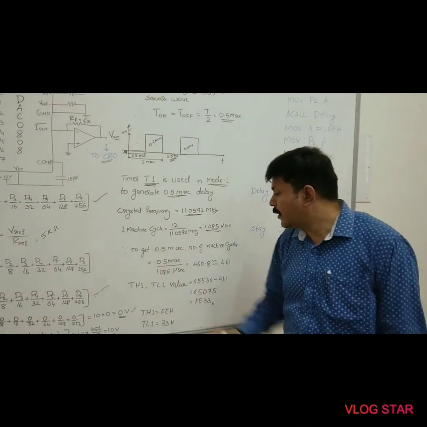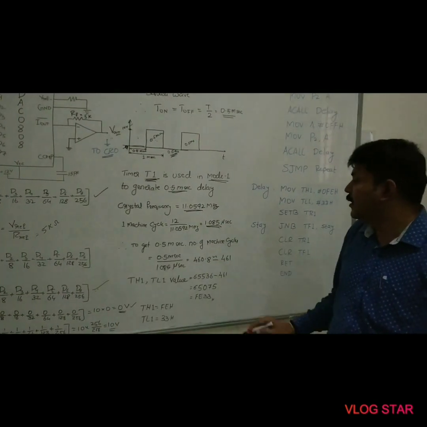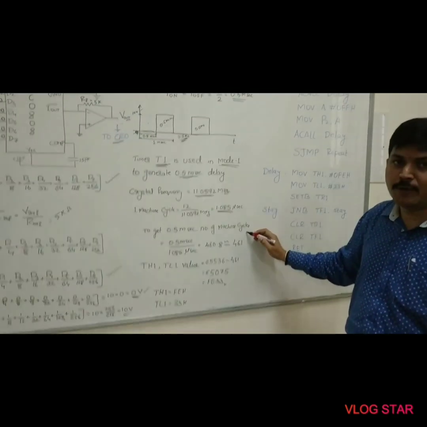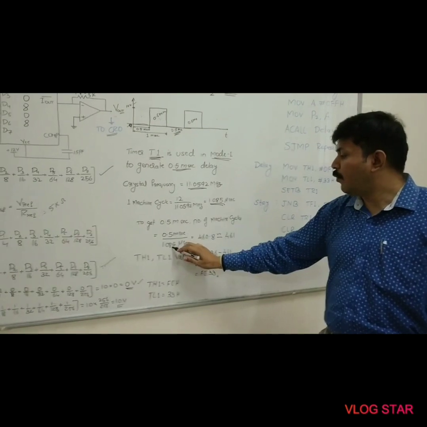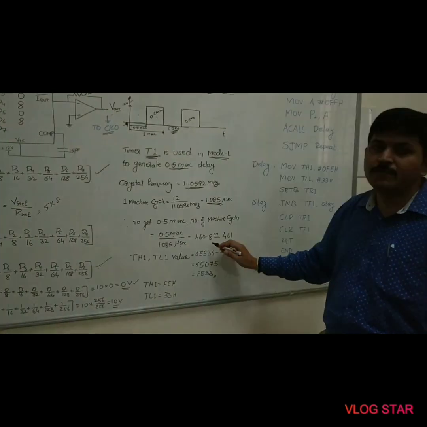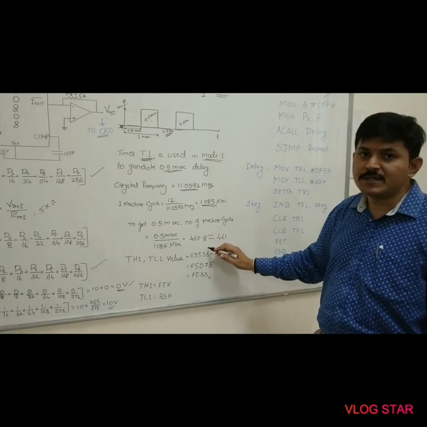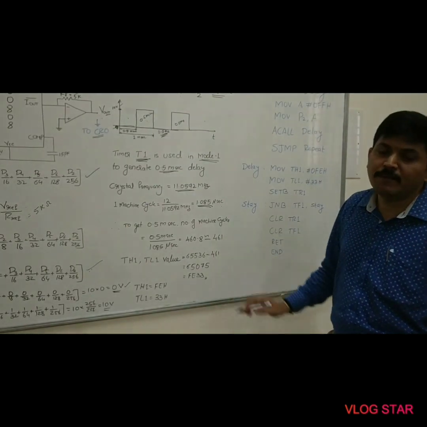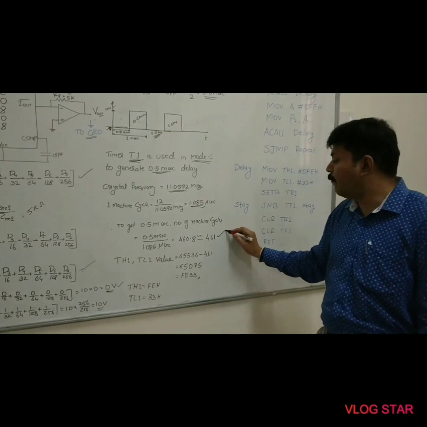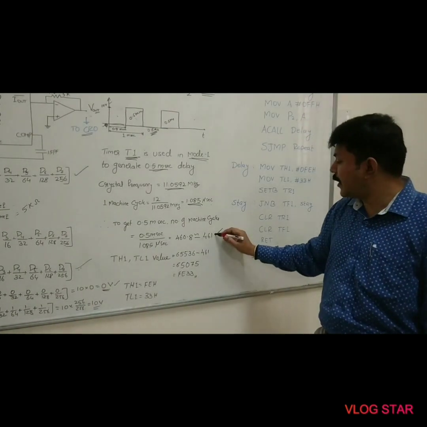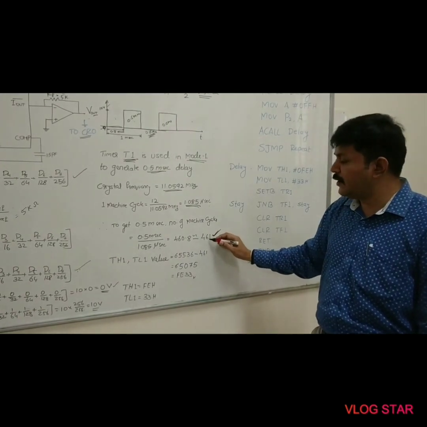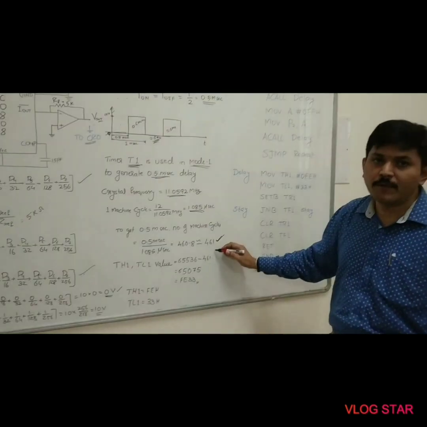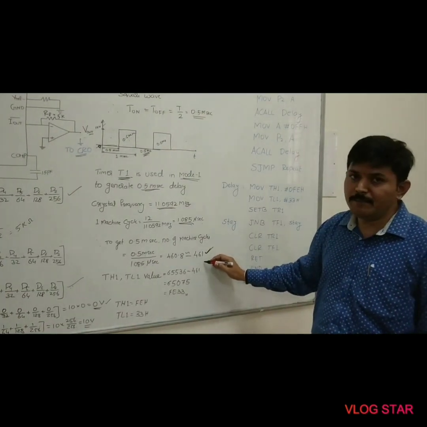To get a 0.5 milliseconds delay, the number of machine cycles which I need to count is 0.5 milliseconds divided by 1.085 microseconds, which gives a count of 460.8, approximately equal to 461. This is the number of machine cycles I need to count in order to generate a delay of 0.5 milliseconds.